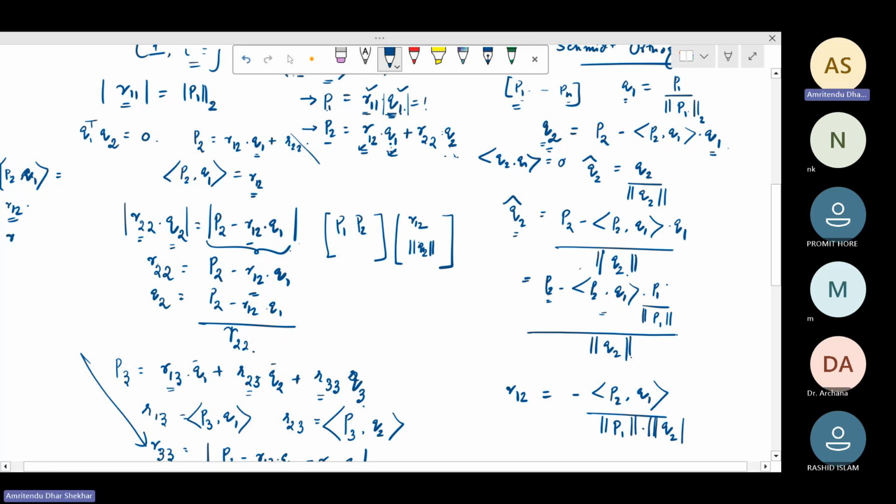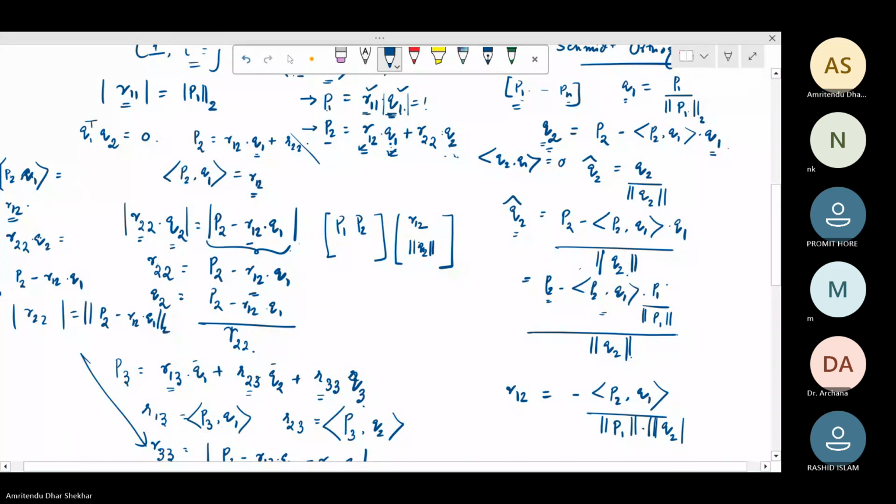So now you have R22 times Q2 is equal to P2 minus R12 times Q1. Again, you apply the same trick as before. So Q2 has to be norm 1. So that means that mod R22 is equal to the norm of P2 minus R12 times Q1.